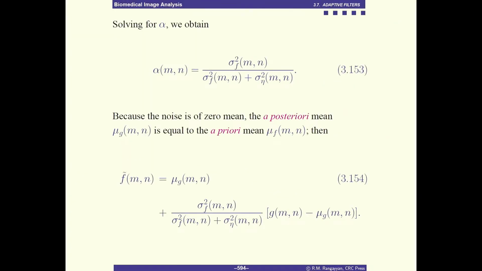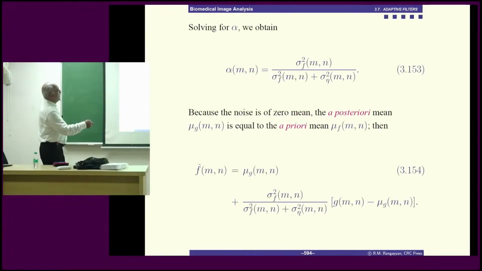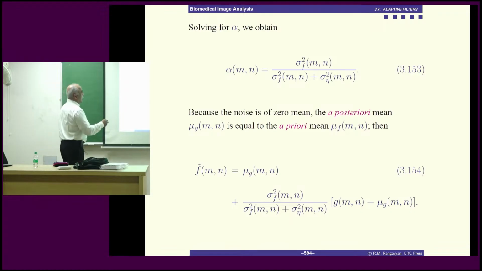You have seen a similar ratio before in the Wiener filter. Now it is variance of the original image, variance of the original image plus variance of the noise. So this is the variance of the given observed image. Because a noise is of zero mean, the a posteriori mean, mu g, is equal to the a priori mean, mu f. So the mean of the given noisy image is equal to mean of the original.